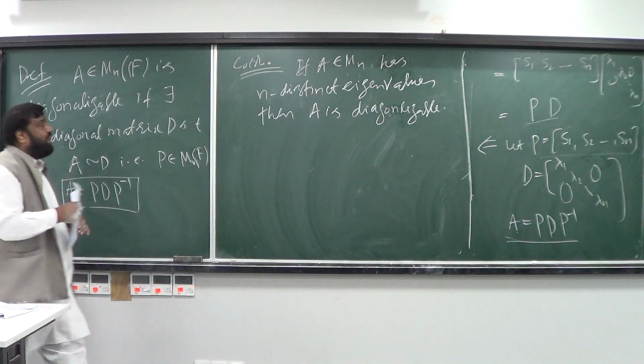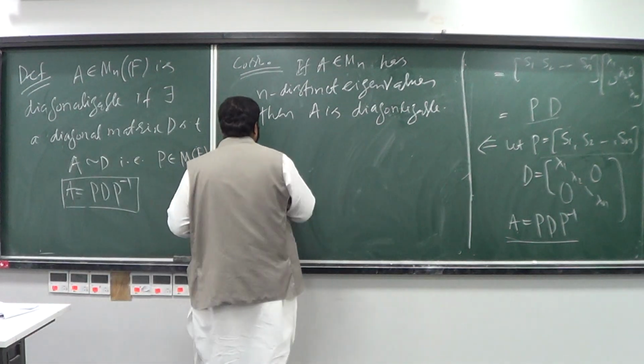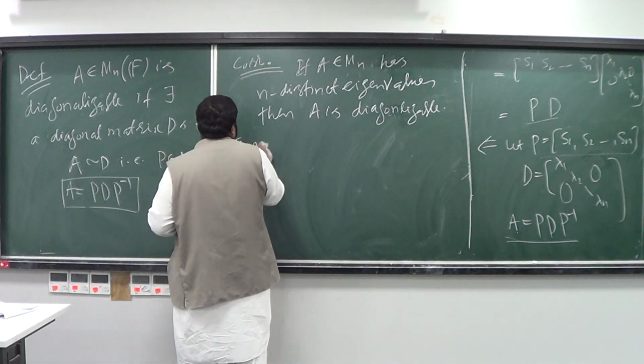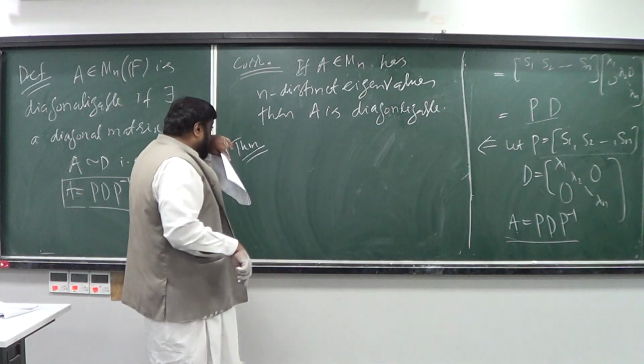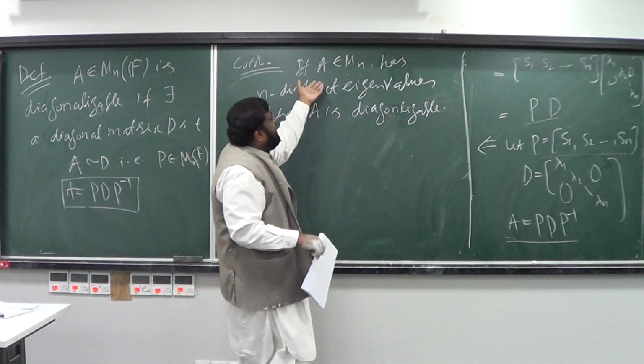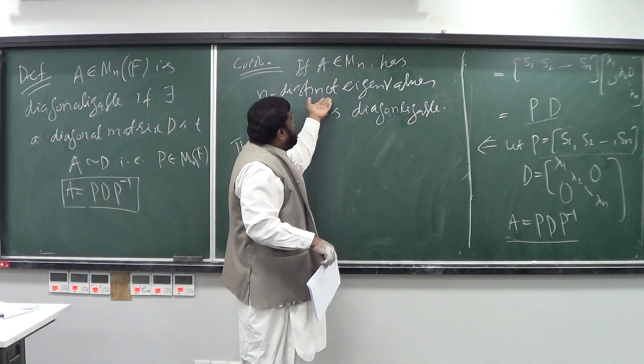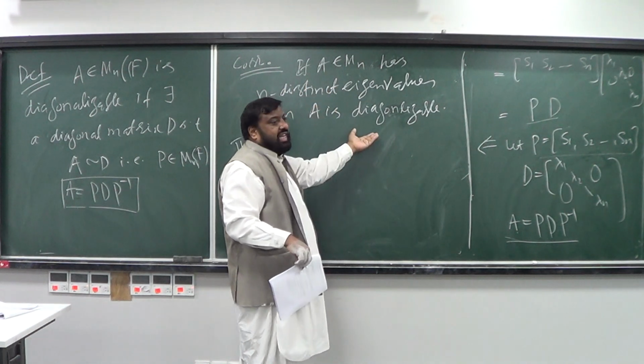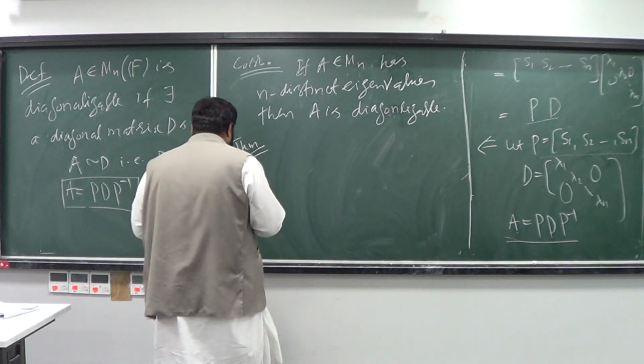Let me give you a necessary and sufficient condition for a matrix to be diagonalizable. We already have a sufficient condition, that if it has n distinct eigenvalues it is diagonalizable, but this is a necessary and sufficient condition.